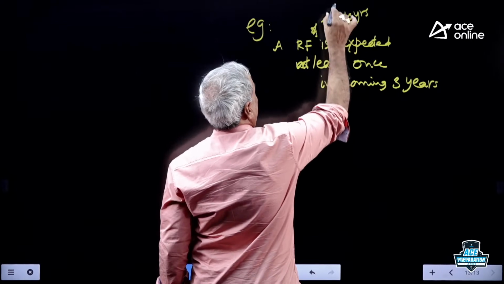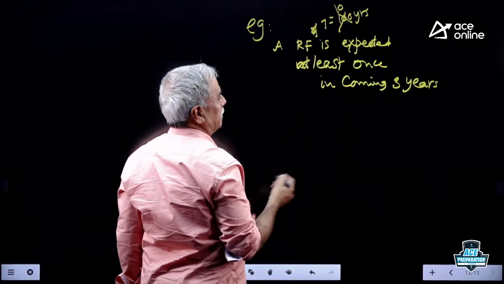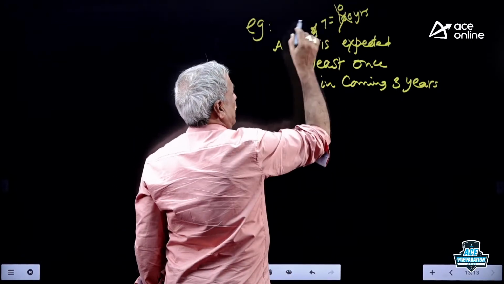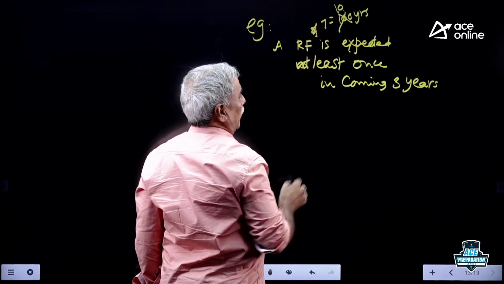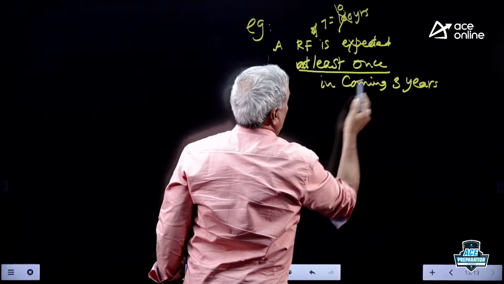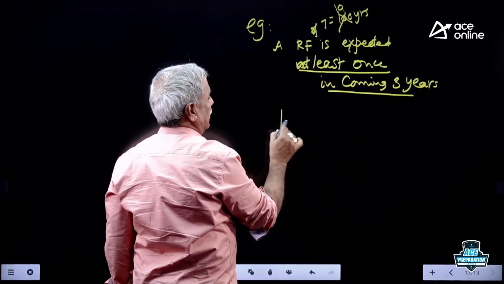Return period 10 years means the chance of occurrence is once in 10 years. What is the probability of getting the rainfall at least once in the coming 3 years?